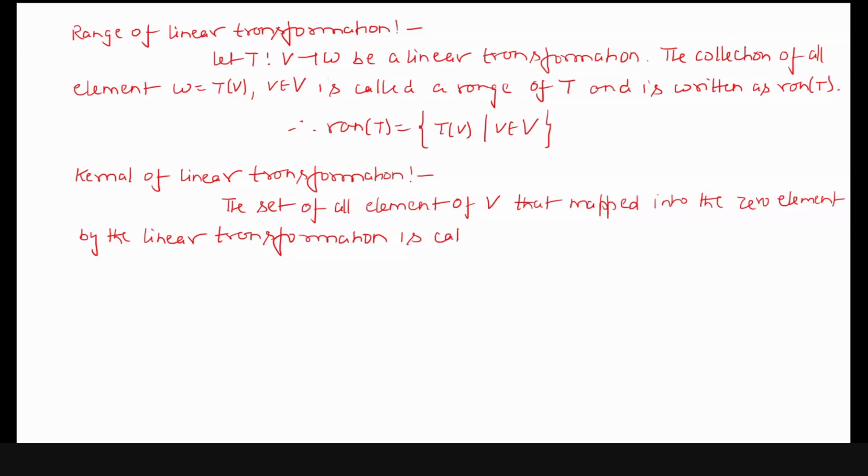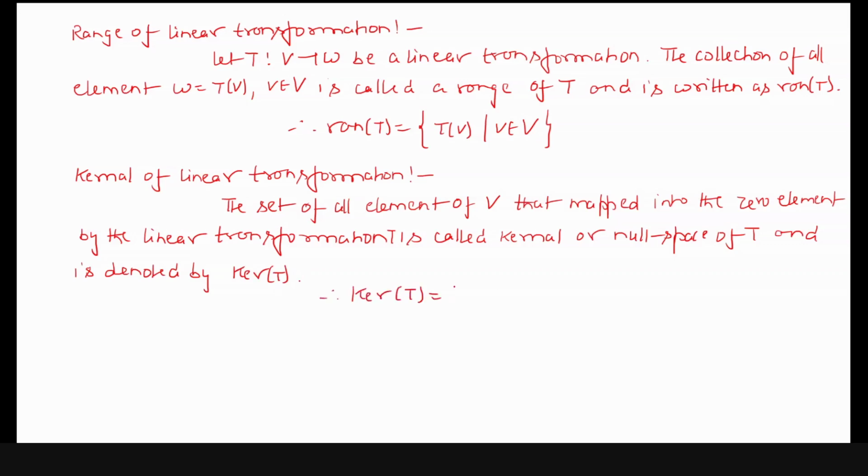is called the kernel or null space of T and is denoted by kernel of T. Kernel of T is equal to the set of all elements v such that T of v is equal to 0, where v belongs to the vector space.